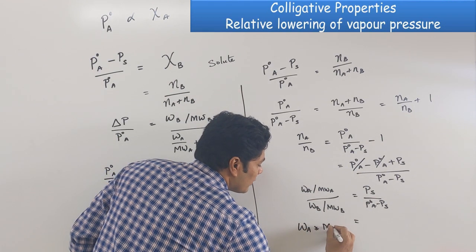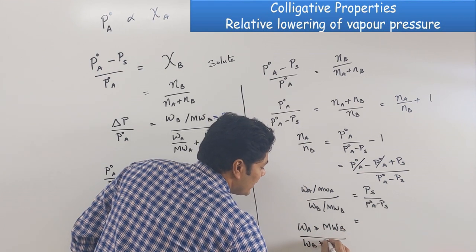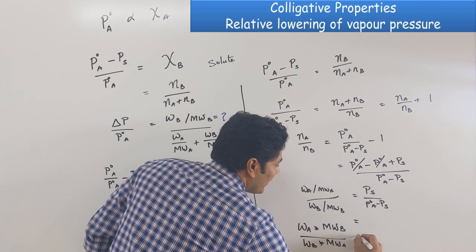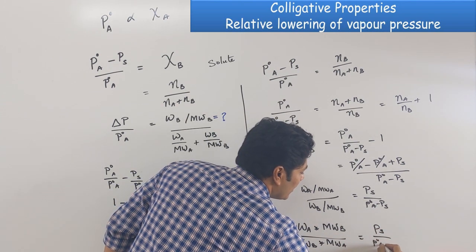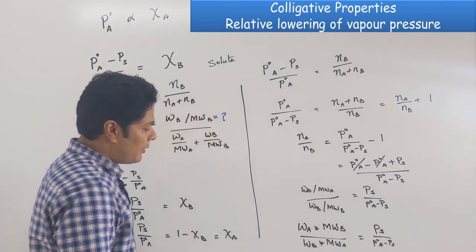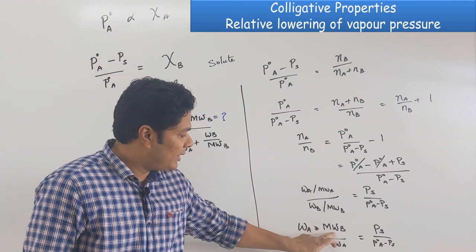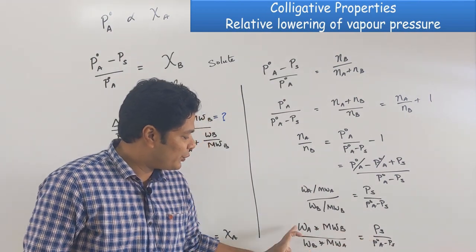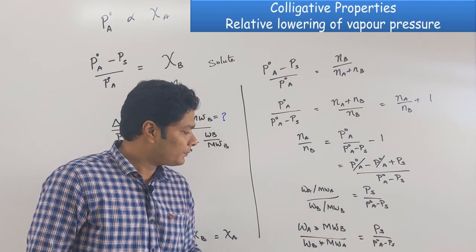Wa times molar mass of B divided by Wb times molar mass of A equals Ps by P naught A minus Ps. Now if suppose our unknown is MWB, that equals this quantity times these two divided by this. You can take everything to the other side. It's much easier that way.